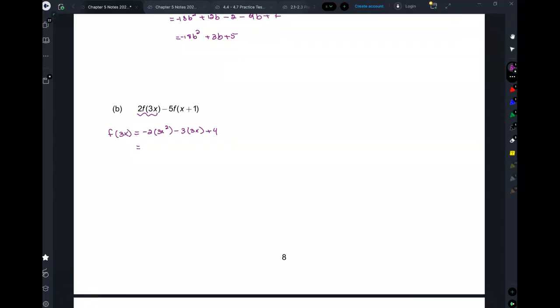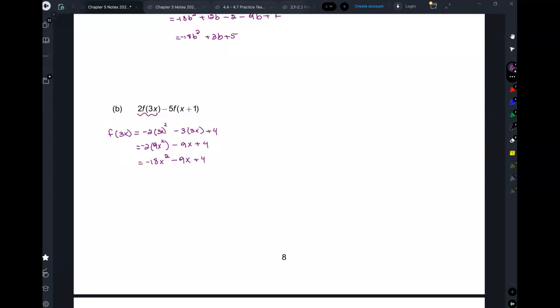Oops, where did I make a mistake here? I put the exponent in the parenthesis. It's got to be like this. Good catch. So this is negative 2 times 9x squared, minus 9x plus 4. This is negative 18x squared minus 9x plus 4.